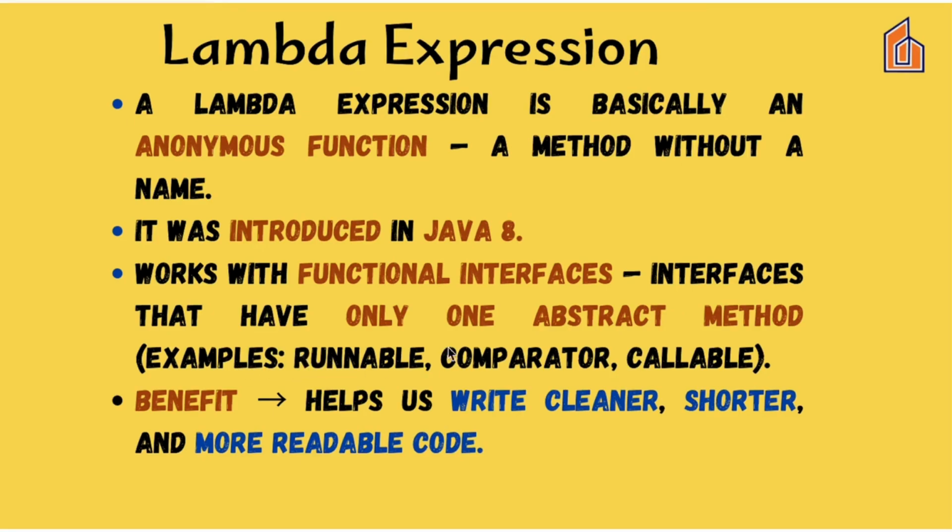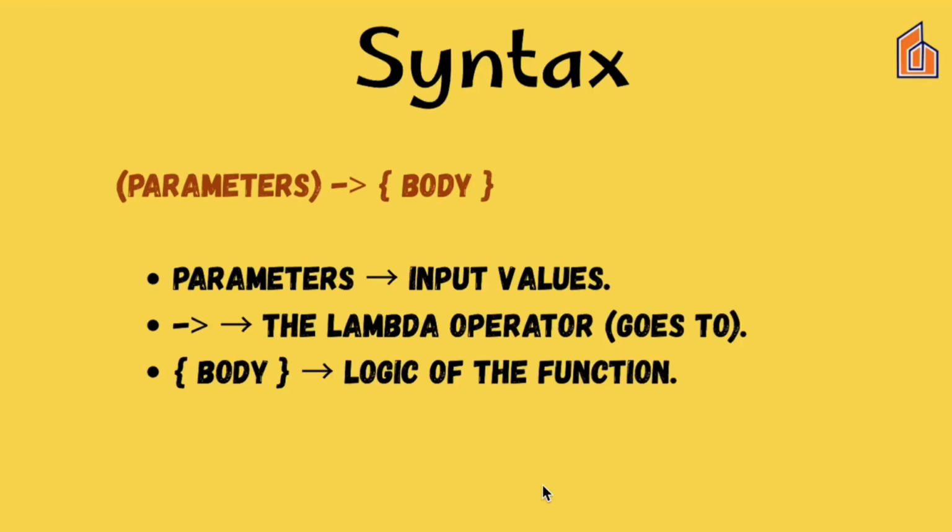Examples are Runnable, Comparator and Callable. We will see all these in detail in a further lesson. For now, we are just focusing on lambda expressions, and the benefit is it helps us write cleaner, shorter and more readable code.